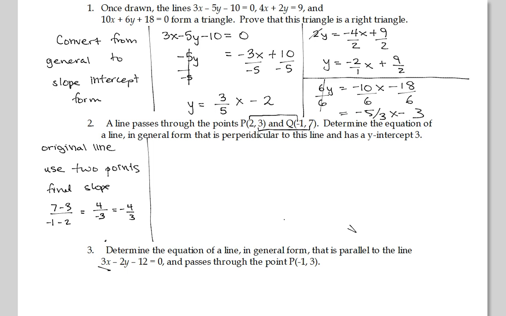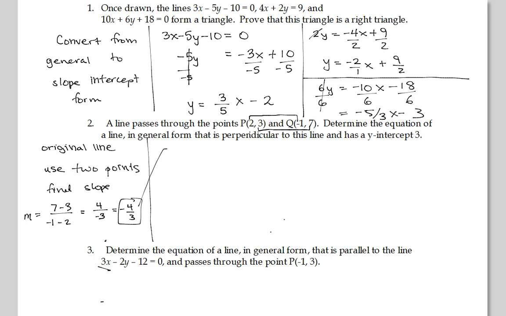Now for our new line, that was from the original line. We got the slope. Just put in m right here. This is our slope. New line. It has to be in the general form. It's going to be perpendicular to this with this y-intercept. So first of all, because it says perpendicular, what should I do with this -4/3?